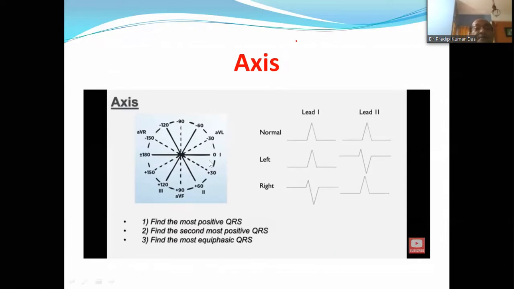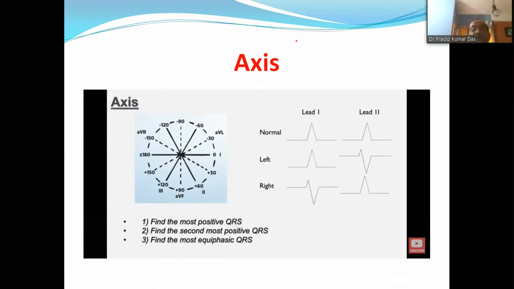Our lead 1 represents this line, and our inferior lead represents this line.